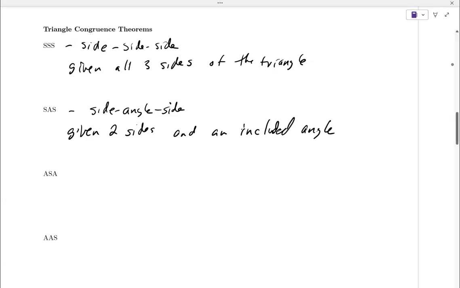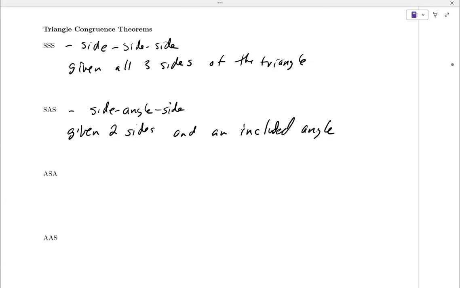The angle that you're given has to be in between the two sides. The two sides that you're given, the angle is the one that's made up by those two sides. That's what it means with the included angle. So if you're given that you've got sides of 7 and 9, and the angle between them is 37, then you know exactly what the triangle is, what this theorem says.